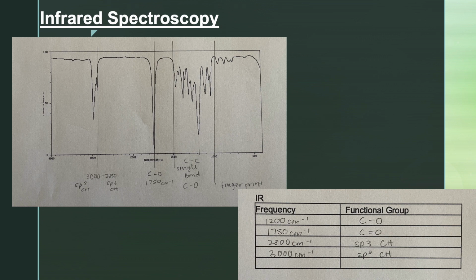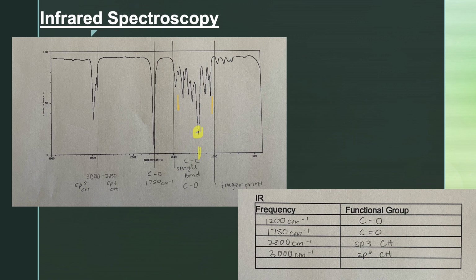Looking at our IR and the different peaks that we see here, some of the more notable peaks are going to be here at 1200. This one I'm going to say is a CO single bond. And then in this area between 1500 to 1000 is going to be our CC single bonds.